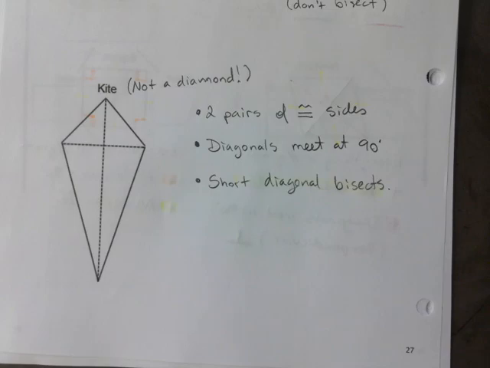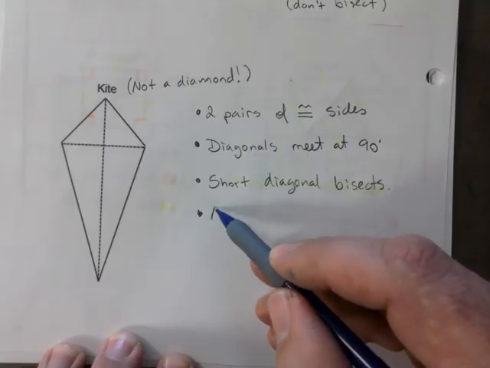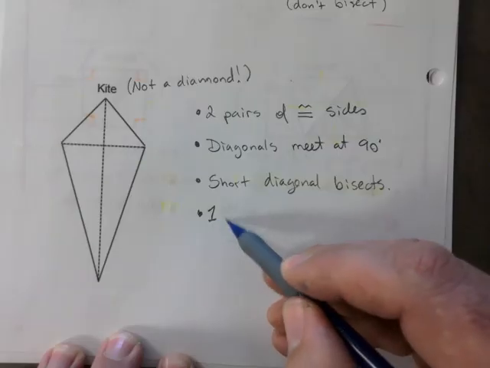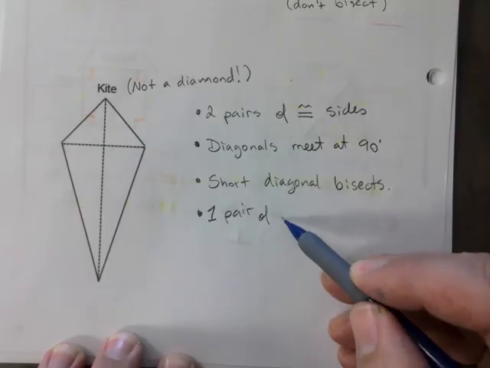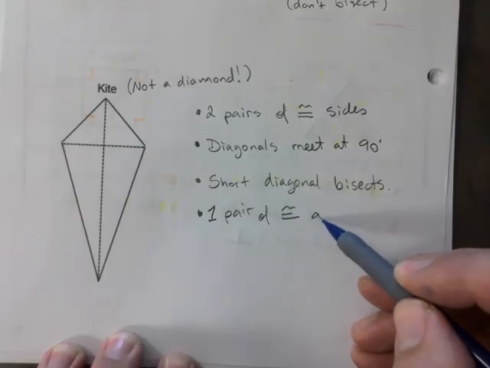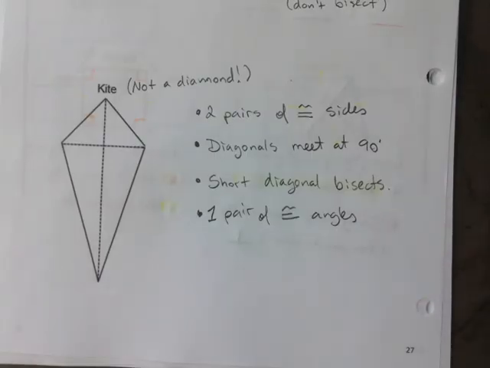Not both, right? Just the short one. And one pair of congruent angles. I think that summarizes it.